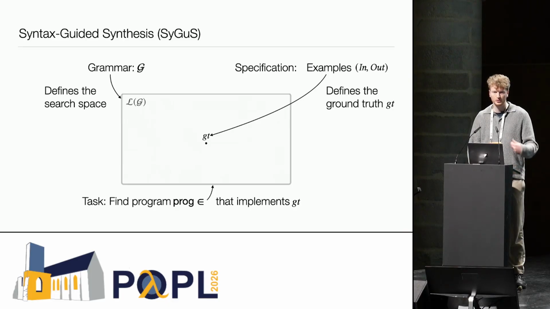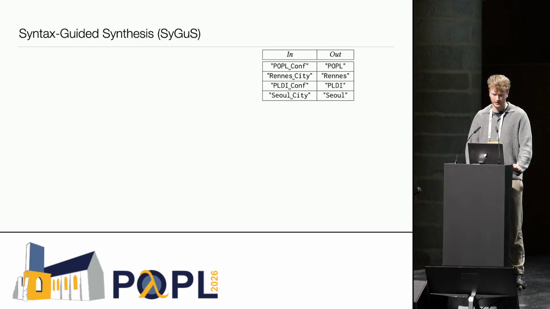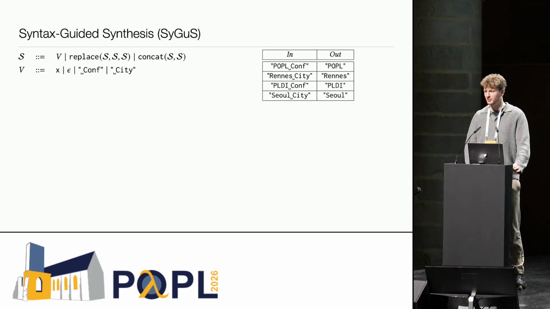Now let's look at a concrete problem instance. We have these input examples and these output examples. So we have to convert POPL''conf to POPL', REN_city to REN, PLDI_conf to PLDI, and SOL_city to SOL. And we are also given a grammar.